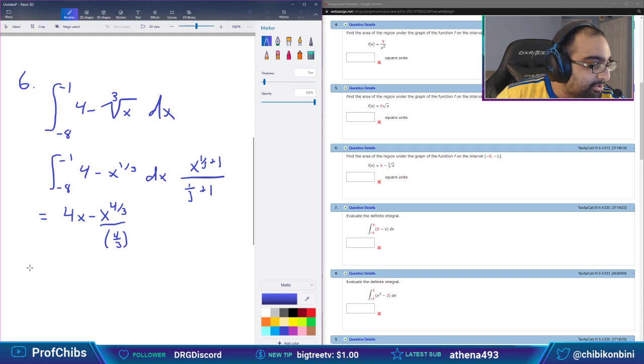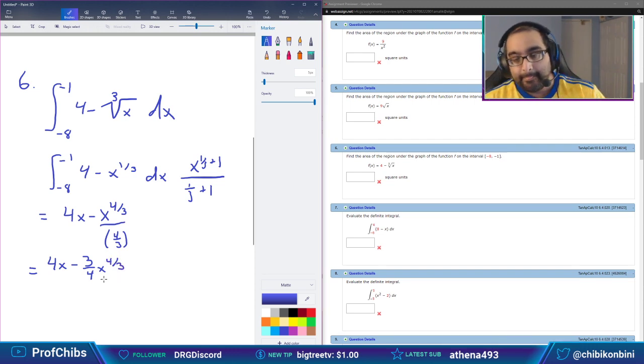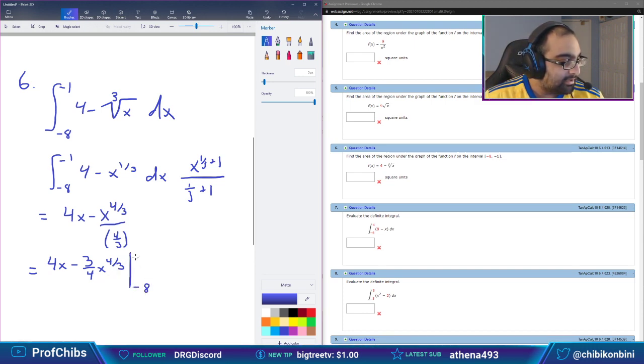We'll clean this up a little bit. We'll do 4x minus 3/4. Again, you divide by a fraction, you flip it. x to the 4/3 power. And we're going to evaluate it from -8 to -1.